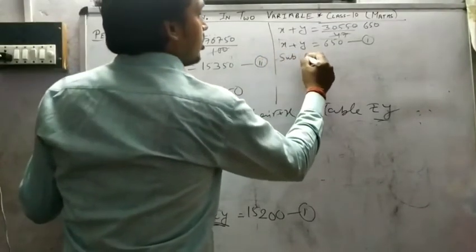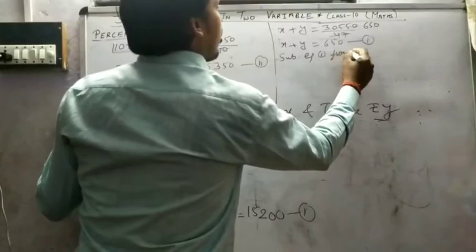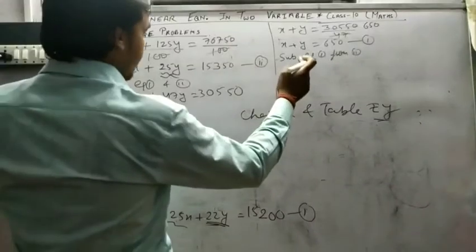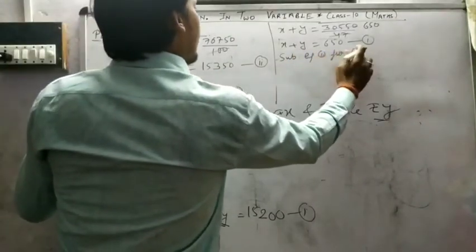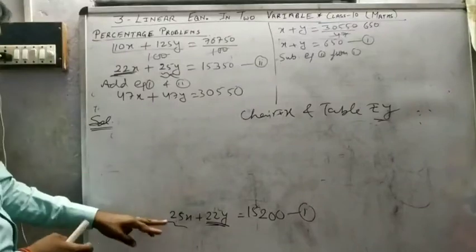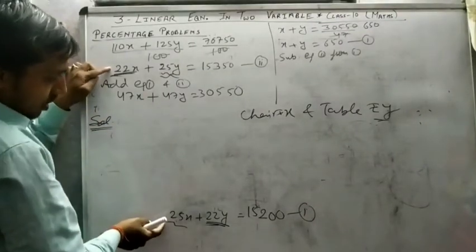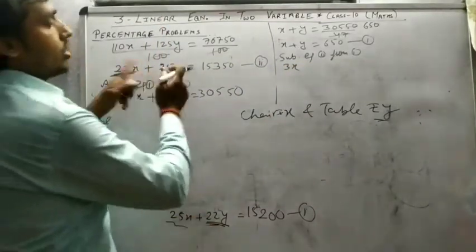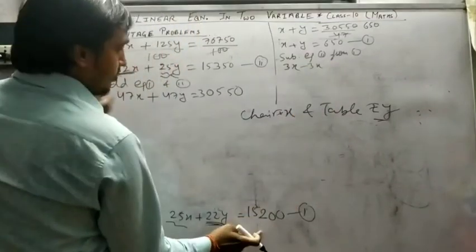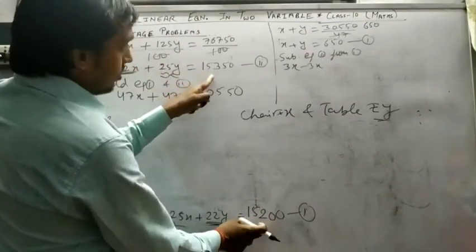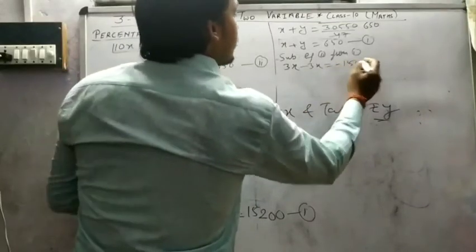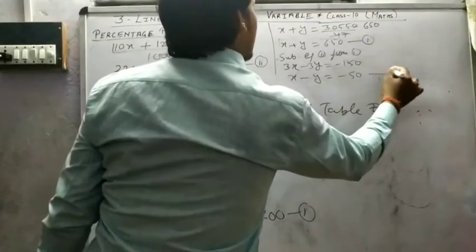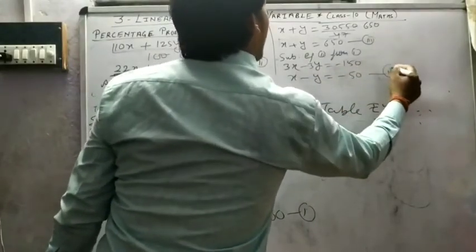Then subtract equation first from second or second from first. So we can subtract second from first: 25x minus 22x is 3x, 22y minus 25y is minus 3y, and 15200 minus 15350, smaller minus greater, so minus 150. Dividing by 3, x minus y is equal to minus 50. You get equation number fourth.